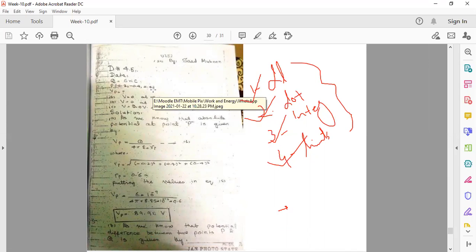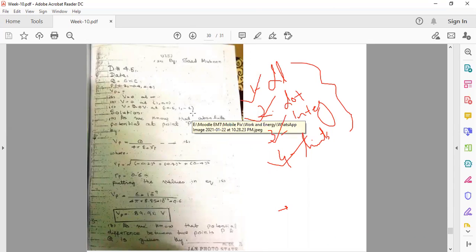We have to find Vp at 3 points: when one point is at infinity, the other is at 100, and the third one is along this. Vp is equal to this according to the formula. So we have to find the potential at point P.